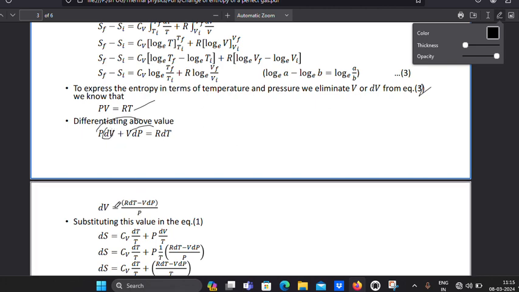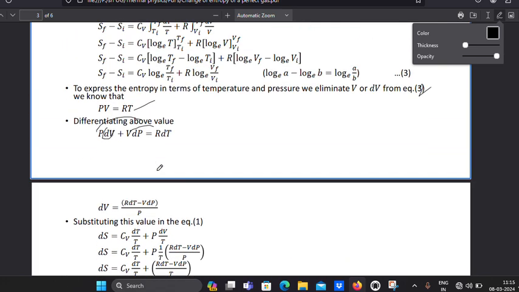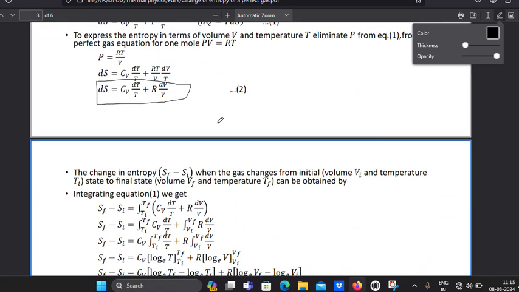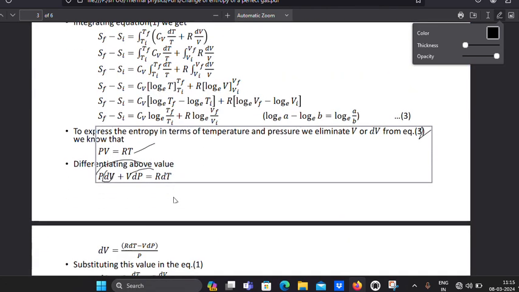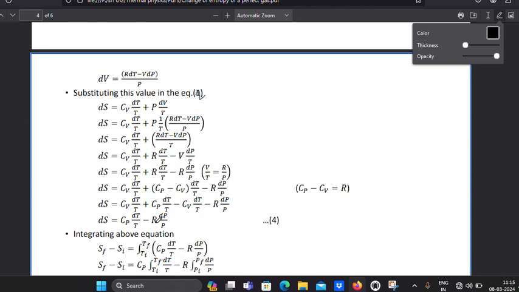So from this we get dV, and this dV value we substitute in equation 1, it is not 1, in equation 2 we have to substitute. Okay, so it is wrong, it is equation 2 only. So equation 2: dS equals Cv dT by T plus P dV by T. Now in this place, replace this one with this one.